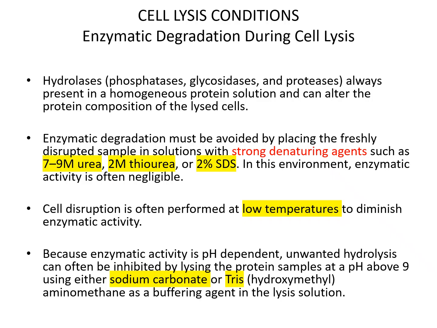In this environment, the enzymatic activity is often negligible. In addition, the cell disruption is often performed at a low temperature to diminish enzymatic activity. Furthermore, because enzymatic activity is pH dependent, unwanted hydrolysis can often be inhibited by lysing the protein sample at a pH above 9 using either sodium carbonate or Tris (tris-aminomethane) as the buffering agent in the lysis solution.